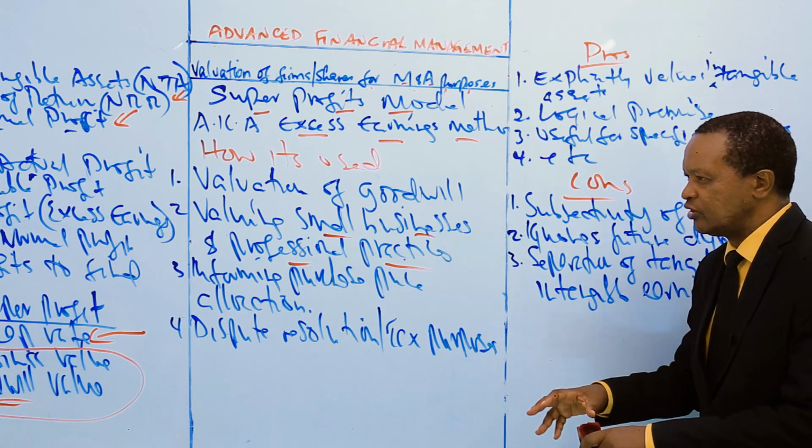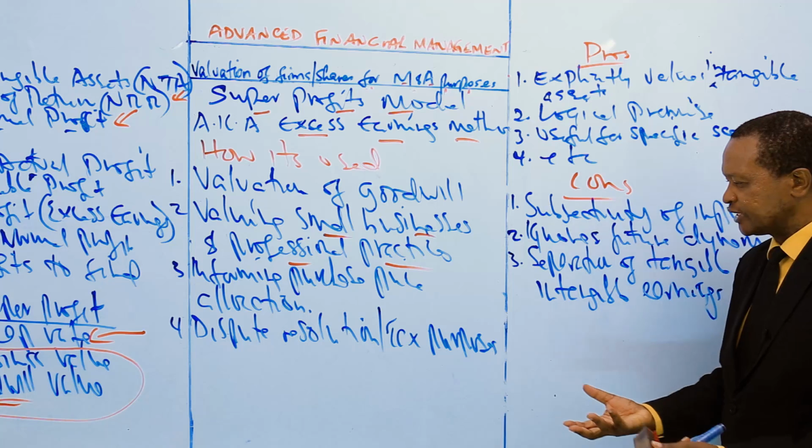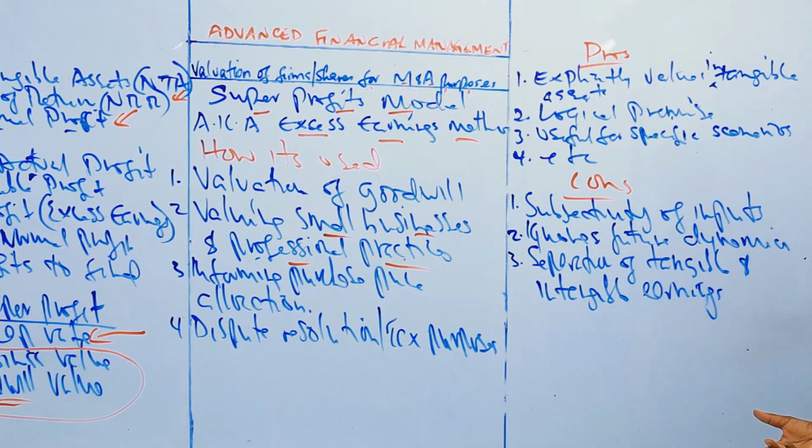These two are often interconnected, not easy to separate and segregate, and attribute some earnings to intangibles and others to tangibles, and that is also a disadvantage.